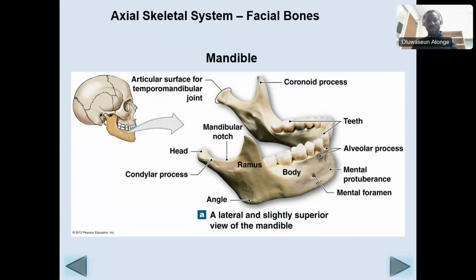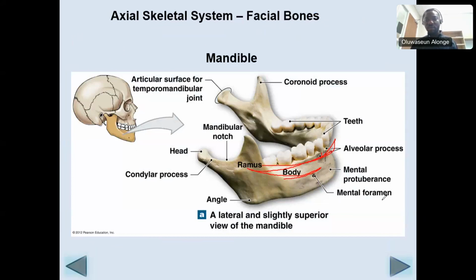Okay, we've talked about the vomer, the mandible. Again, the mandible is what forms the lower jaw. So the lower jaw is formed by the mandible. That's the mandible there, and it forms the gingiva, which connects the lower teeth, right?